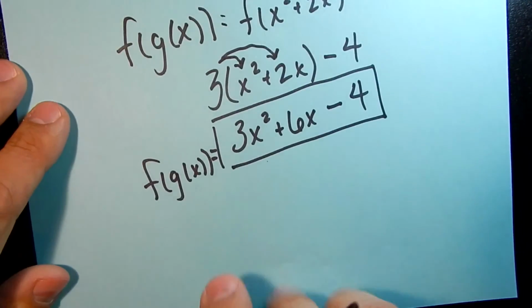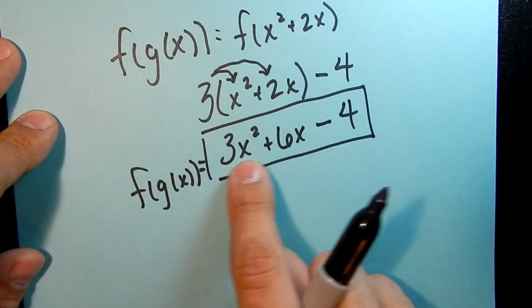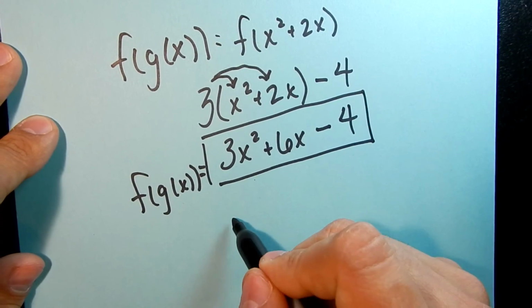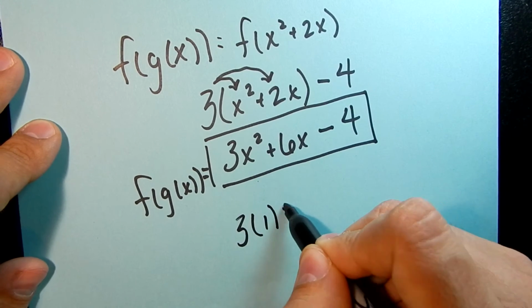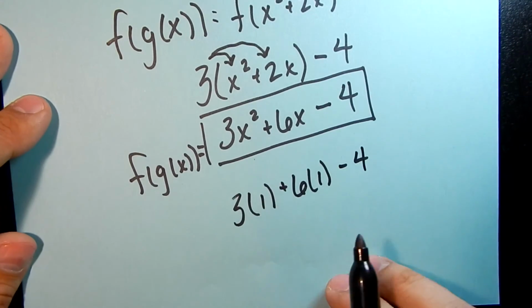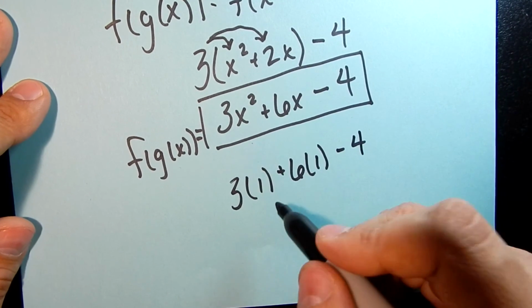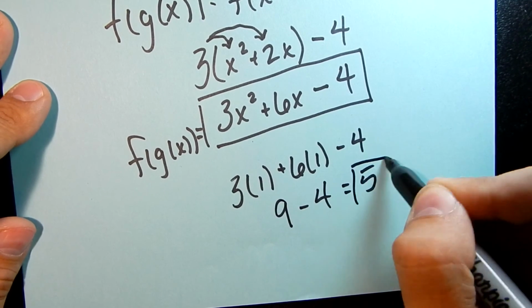If we find f of g of 1 here, if we put 1 into this formula, I get 3 times 1 squared plus 6 times 1 minus 4, and that gives me 3 plus 6, which is 9, minus 4, which is 5.